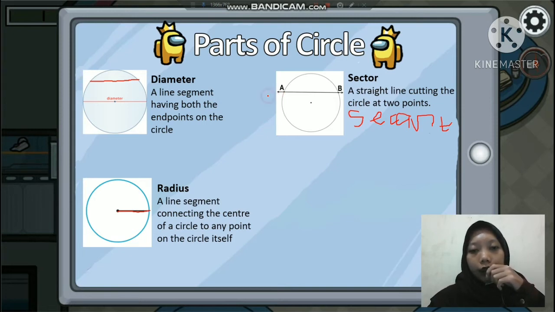This is the unlimited line across the circle, while a segment is limited by the circle.